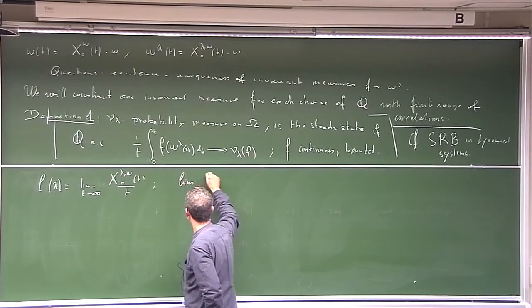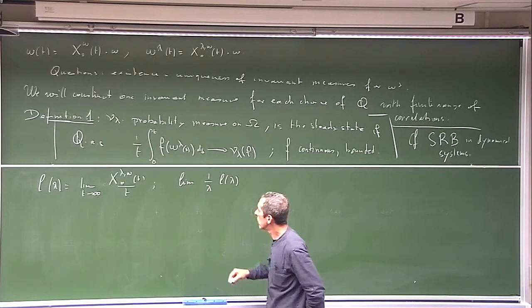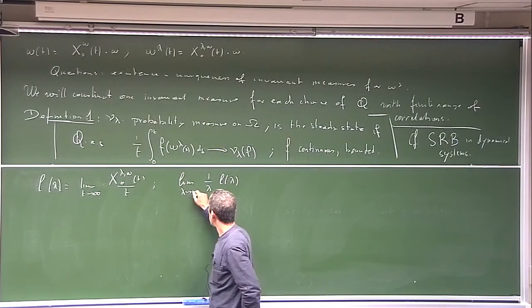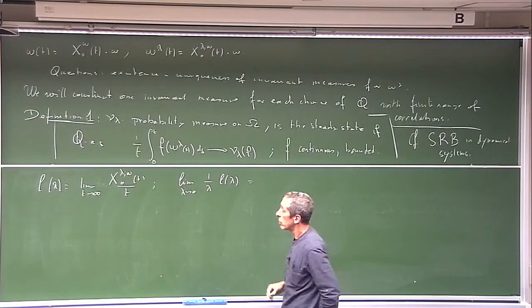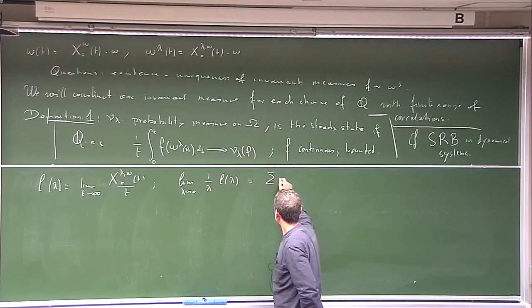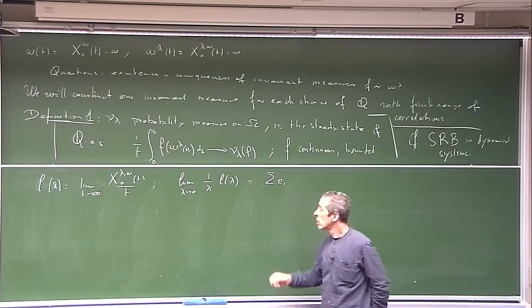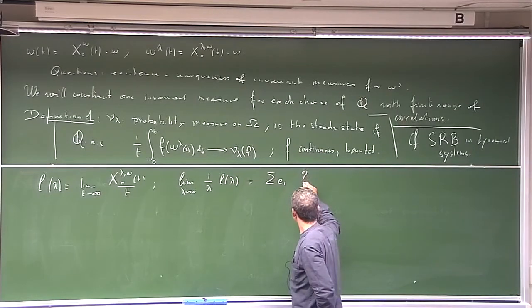So we should also prove that the limit when lambda tends to 0 of 1 over lambda L of lambda exists. And to justify Kubo's relation, what we expect is to find sigma E1. Okay? So this is what we want to do.